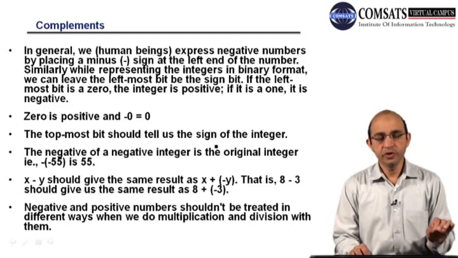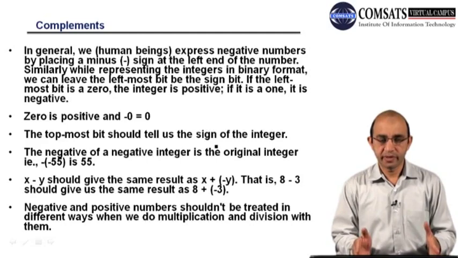Whenever you have to represent a negative number in a computer system or in the binary number system, you have to follow a certain mechanism. If you have 8 bits to represent a number, you reserve 1 bit for the negative sign, and the rest of the 7 bits are dedicated to the number.